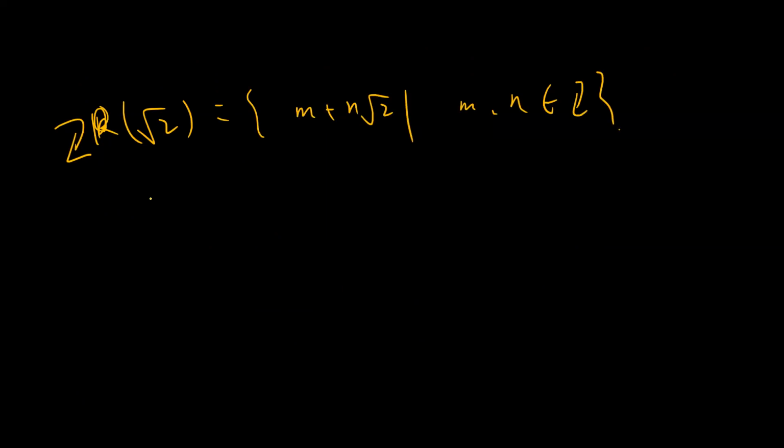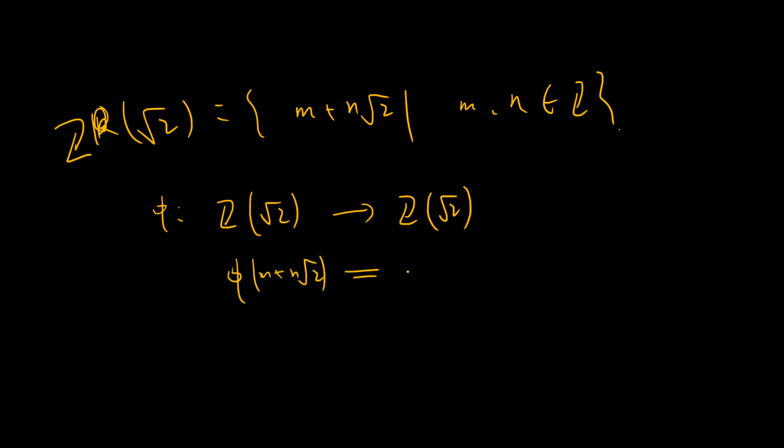We can define a ring homomorphism from Z adjoin square root of 2 to Z adjoin square root of 2 by defining phi of m plus n square root of 2 to be m minus n square root of 2. You can check this is a ring homomorphism; obviously it sends 0 to 0. There are a lot of examples, and you can check online.